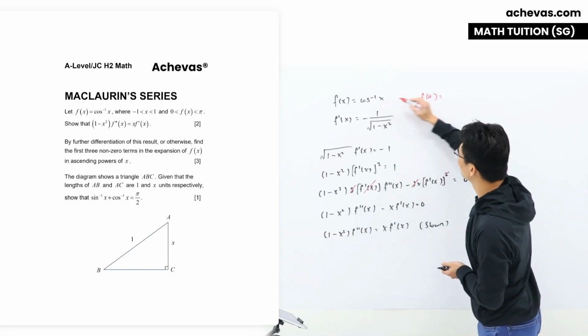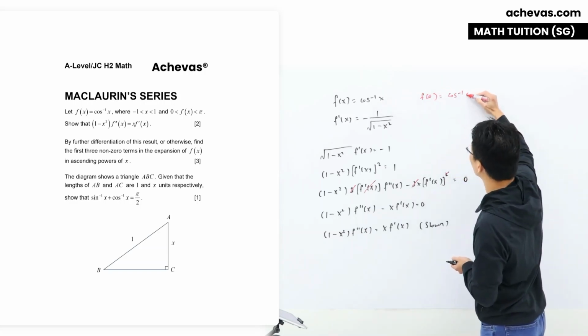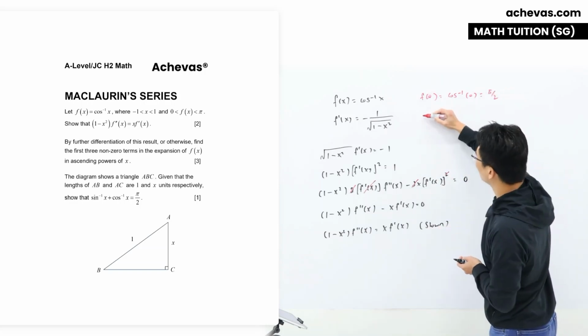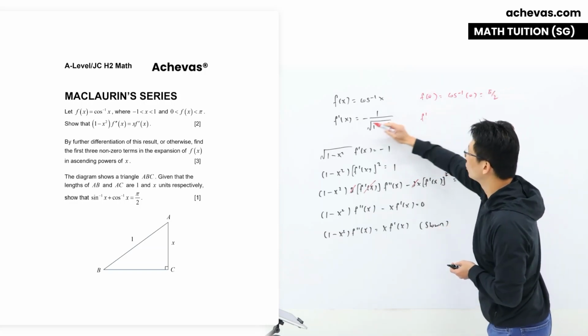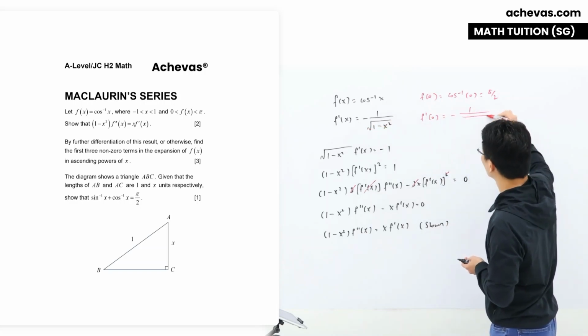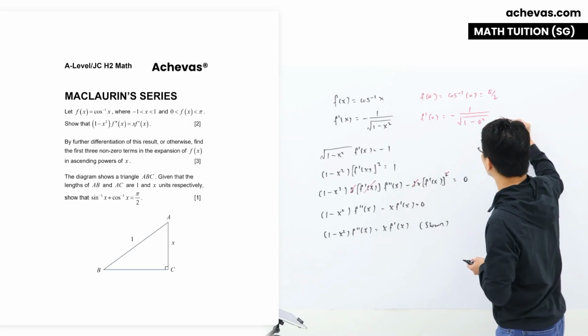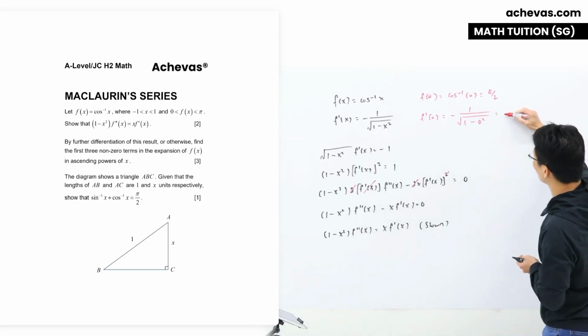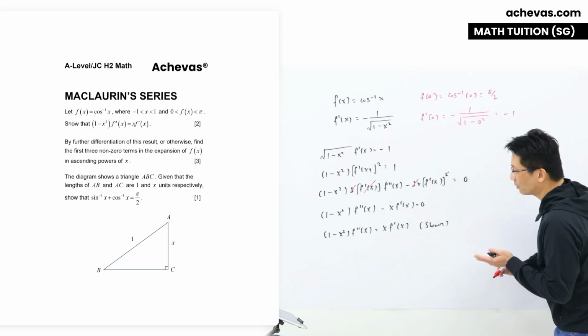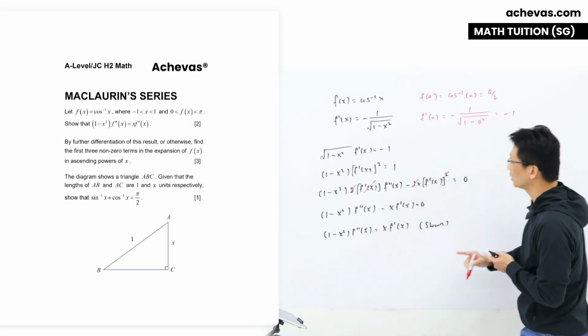f(0) I can obtain from here. Subbing x equal to 0 here, I will have cos inverse 0, which will give me pi over 2. And subbing 0 into my f prime x, I will have -1 over square root of 1 minus 0 squared, which will work out to be -1. And for our f double prime 0, I'm going to use this expression here.